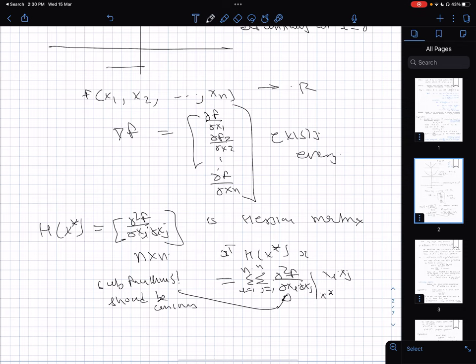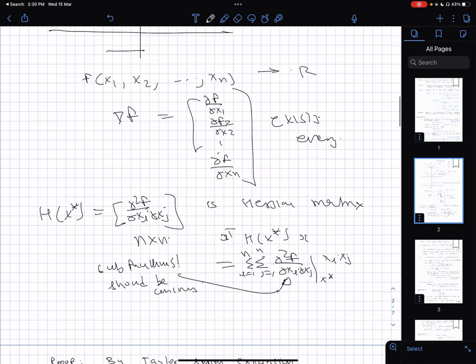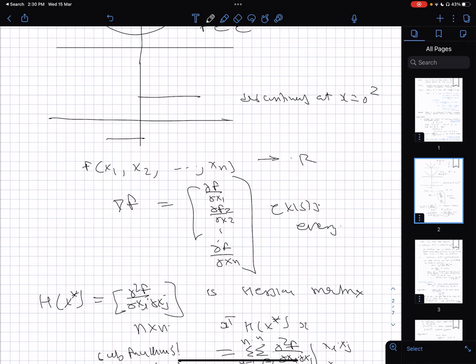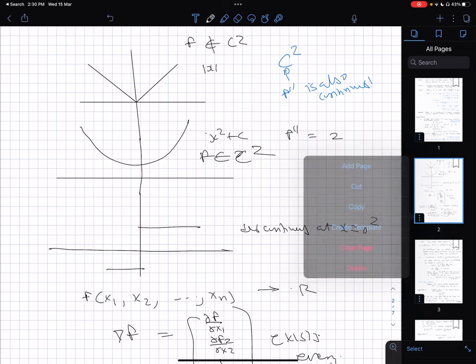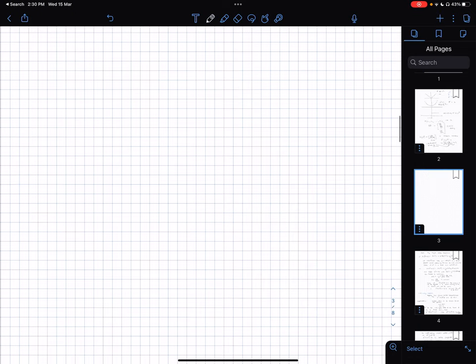continuous. For example, let us say that I have a function in 2 dimensions, e to the power x1 times x2.